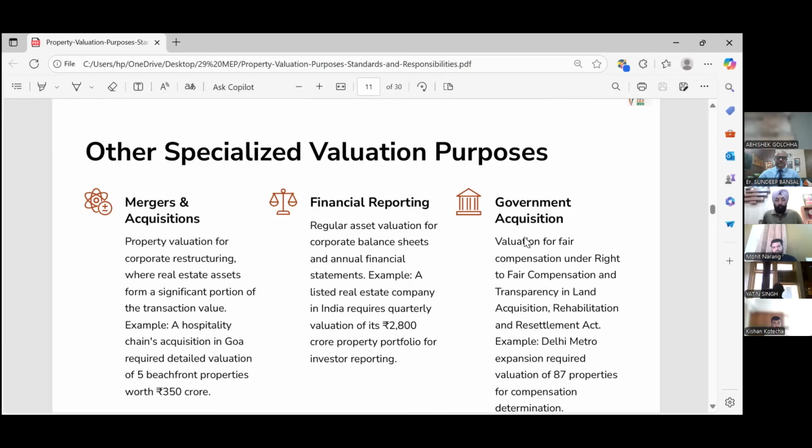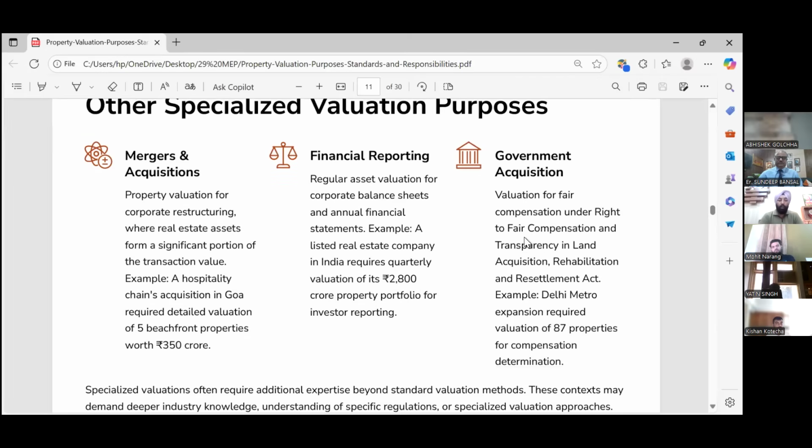Then other specialized valuations: you may have to do the valuation when there is a merger and acquisition of companies. When the companies are merging, they may require your services to find out the value of the individual companies, or one company is acquiring a second company, then you may have to find out the value of the company. So for example, a hospitality chain's acquisition in Goa required detailed valuation of a 5-bed beachfront property worth rupees 350 crore.